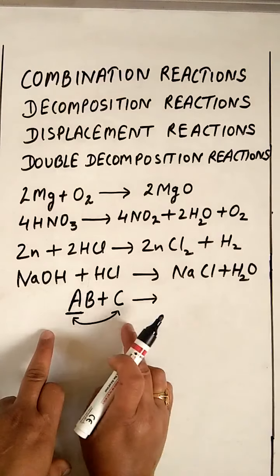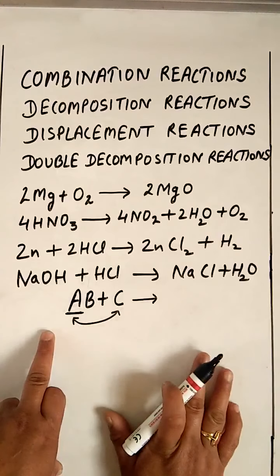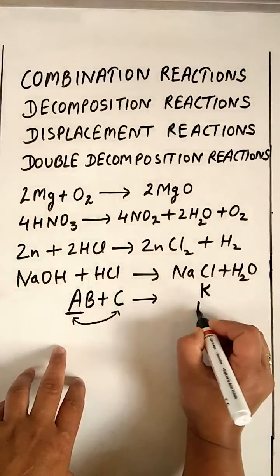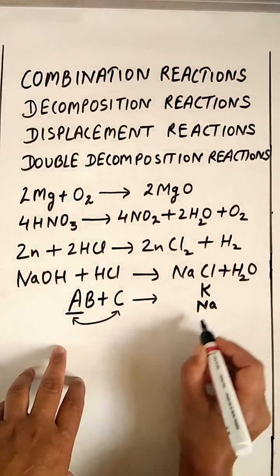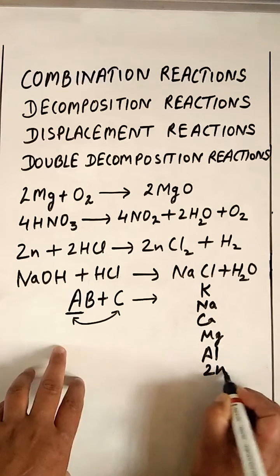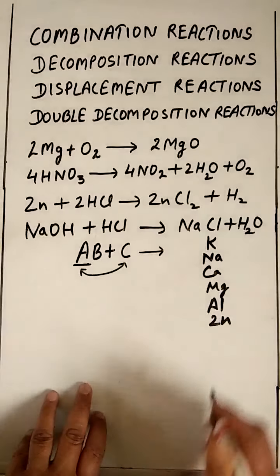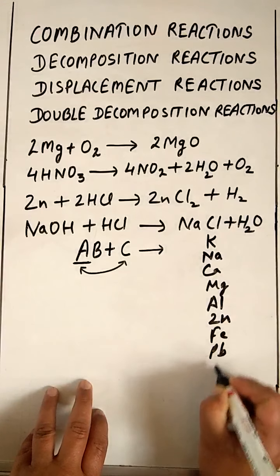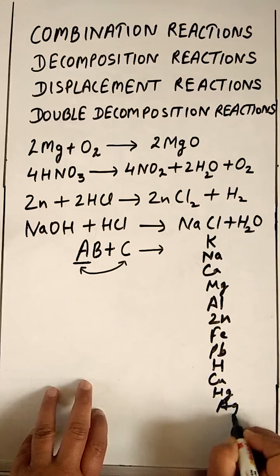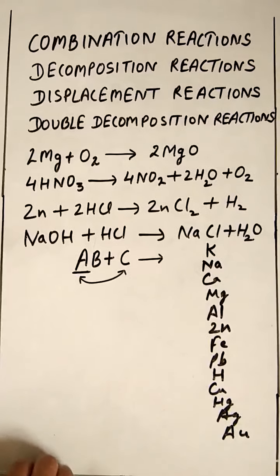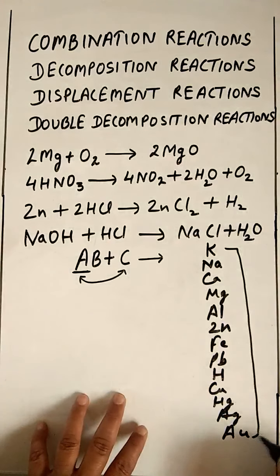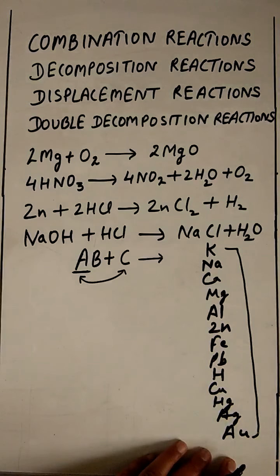And for comparing these metals, we are having a series which all of you may be knowing: potassium, sodium, calcium, magnesium, then aluminium, then zinc, then iron, lead, hydrogen, then copper, mercury, then silver, then gold. Now, according to this series, what is at the top is most reactive and what is at the bottom is least reactive.